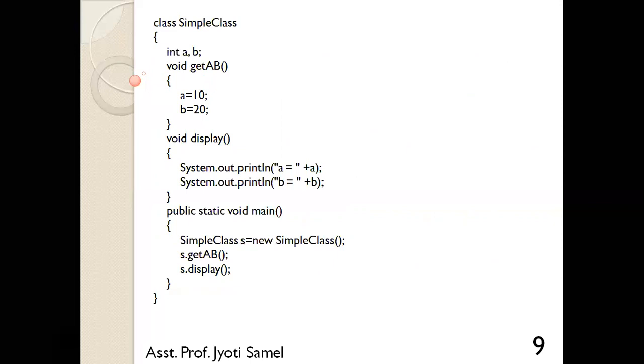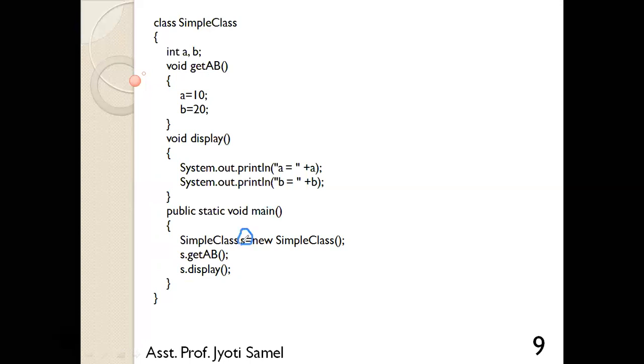For the class SimpleClass, there are class member variables a and b, and there are two methods, getAB and display. And through the main method, we are creating S equal to new SimpleClass. Here we will say my S is an object.